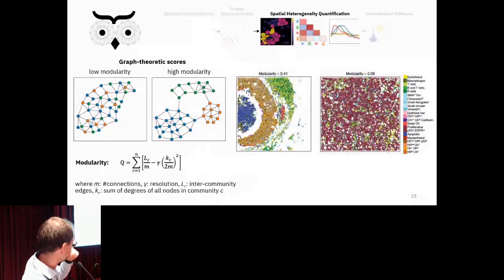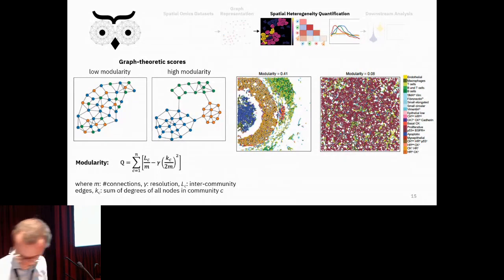And here you now see 2 examples from this breast cancer cohort data set, one with a very high modularity on the left-hand side, and one with a low modularity and a very intermixed topology on the right-hand side.